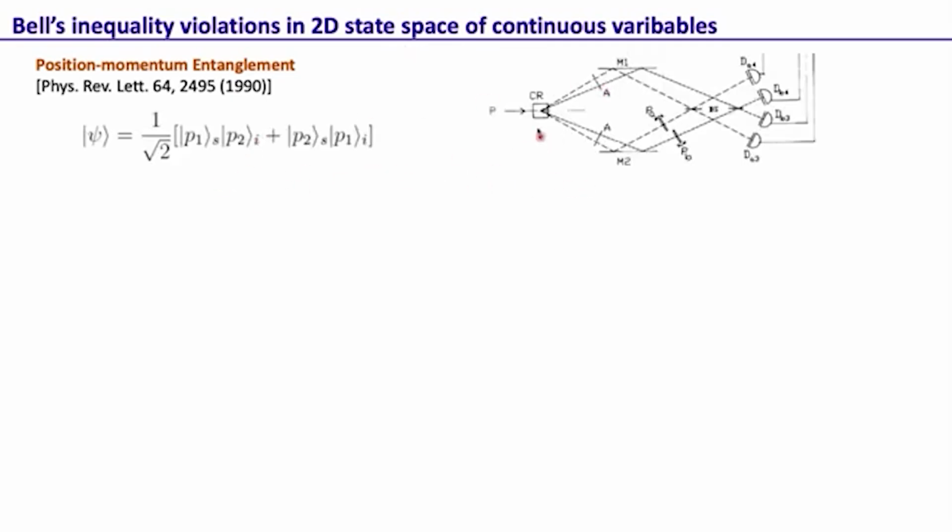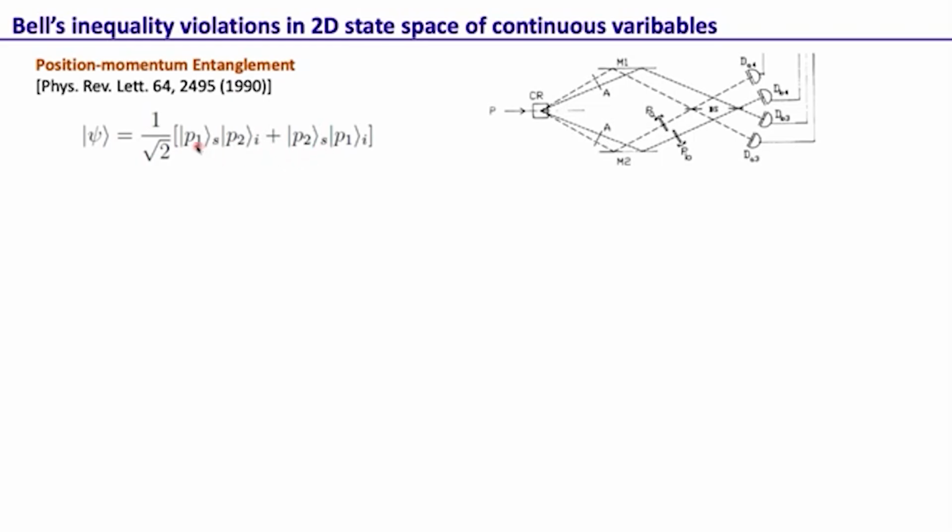So here is an experiment based on parametric down conversion. The photons are coming out of parametric down conversion, and now one puts tiny pinholes at 4 locations. With this, one is choosing the direction of the photon and hence the momentum of the photon. So by putting these slits, one is able to make the two photon state which is like P1 for signal, P2 for idler, or P2 for signal, P1 for idler.